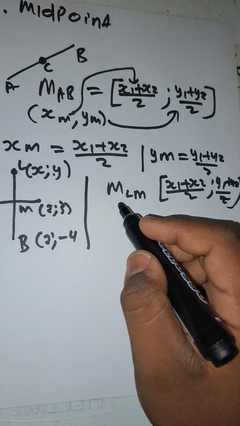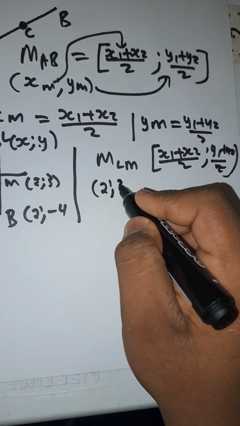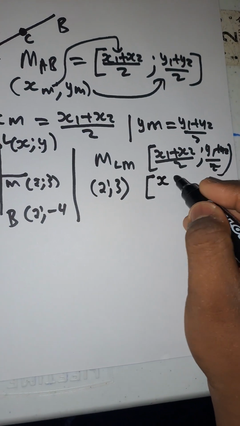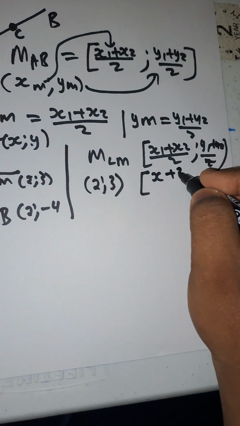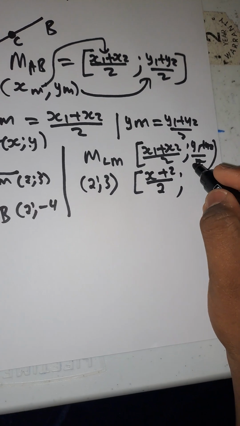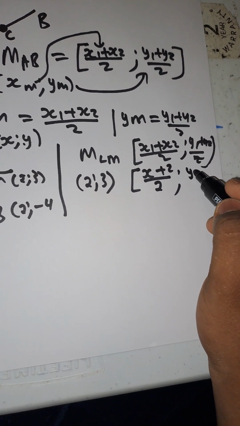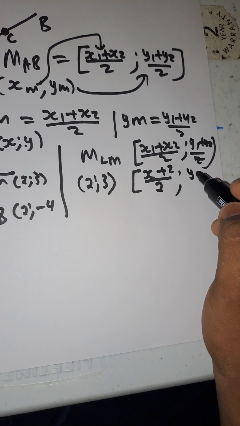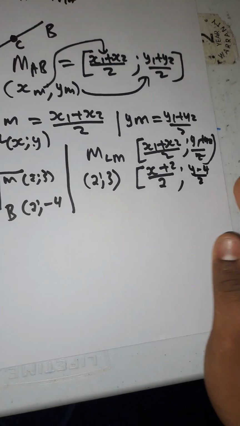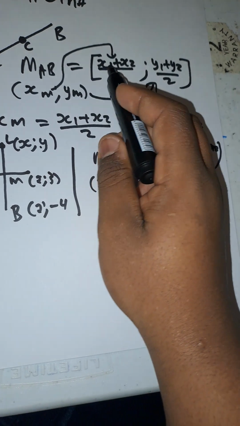So it is the same as saying here you have 2 and 3, and then inside you have x plus 2 over 2, and then here for y you have y plus the next point, which is minus 4, over 2. So it means this xm is equal to this one.